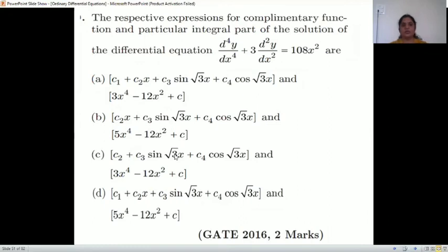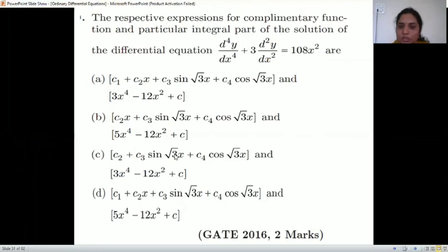Now we have to go for the particular integral part for the answer. So find out yp, 1 upon D raised to 4 plus 3D square into 108x square. So from the denominator take 3D square out. You will get 1 plus D square by 3.